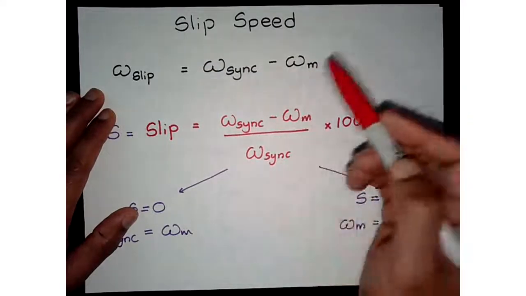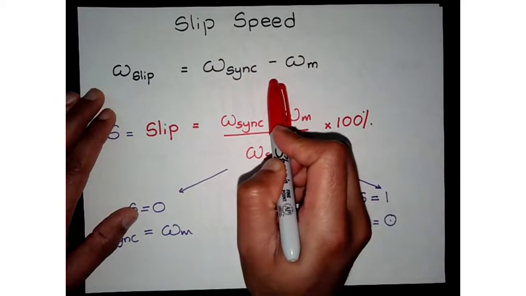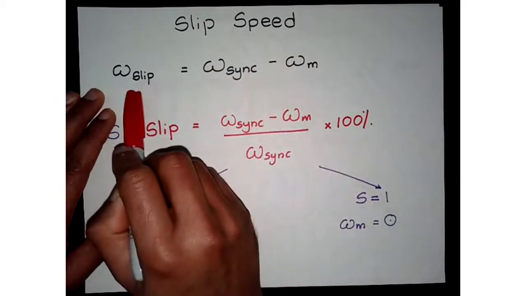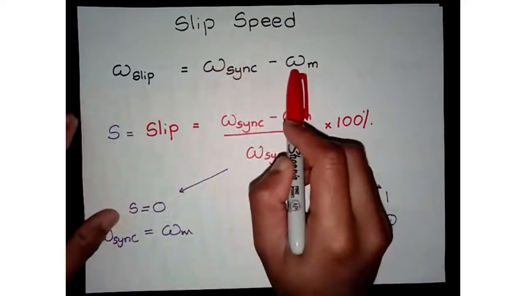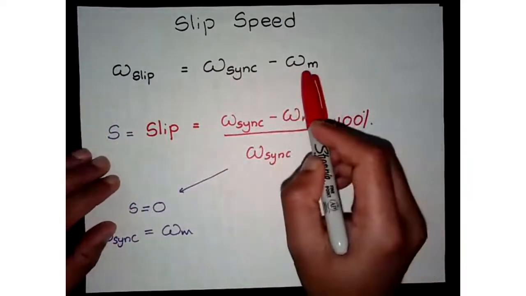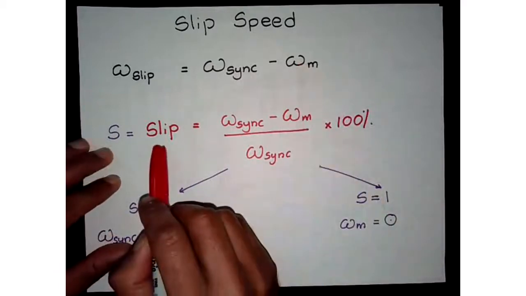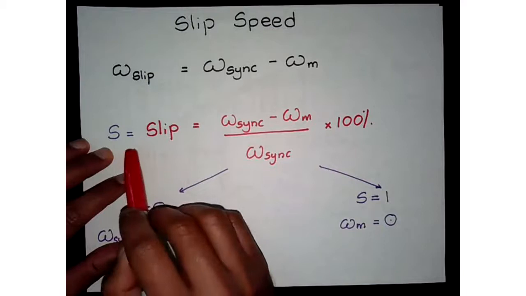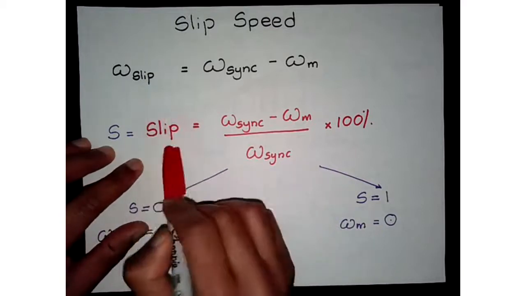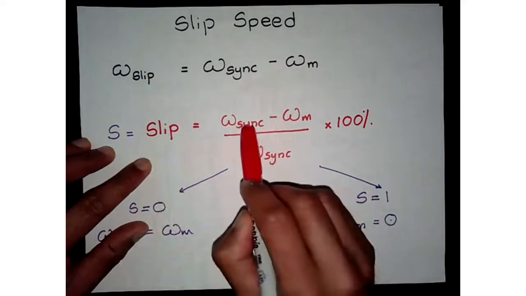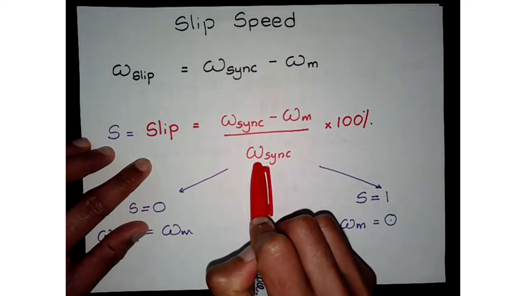If you are on the rotor, this is the speed at which you're going to see the flux rotating, so this is called the slip frequency or the slip speed. There is another parameter we use to characterize machines. We call it slip. Slip is basically this slip speed divided by the synchronous speed.